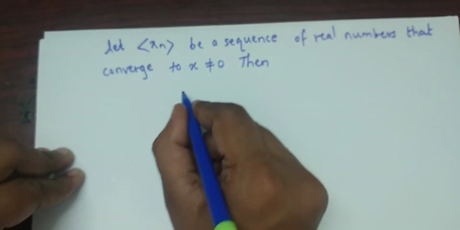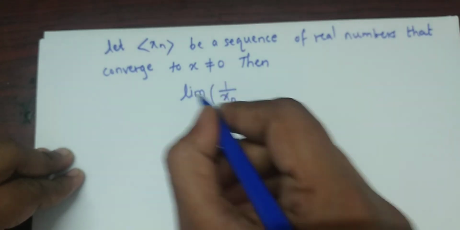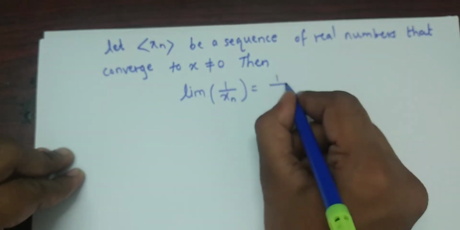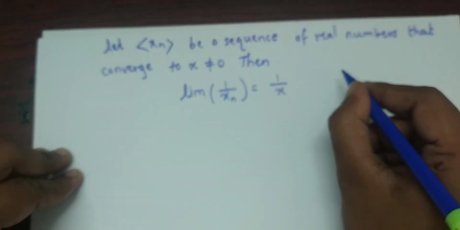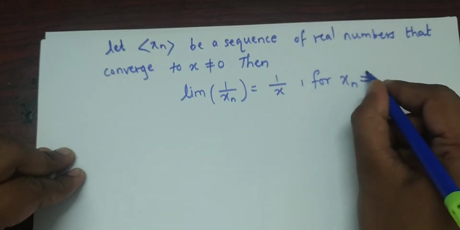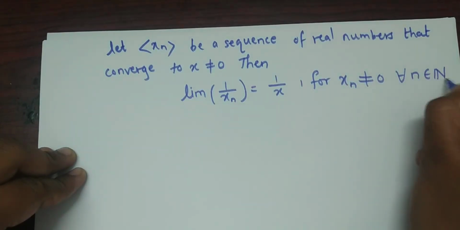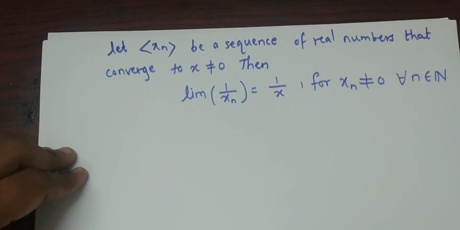Then limit 1 upon xn is equal to 1 upon x, for xn not equal to 0 for all n belongs to the set of natural numbers N.